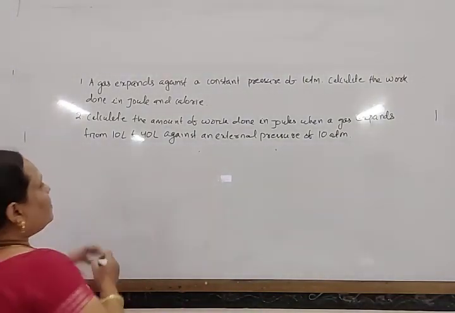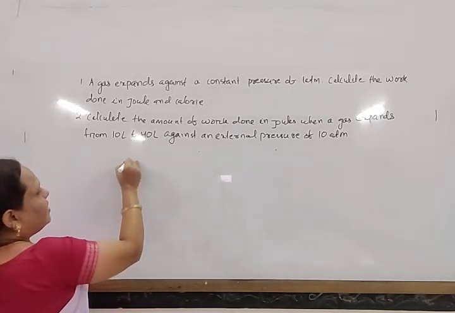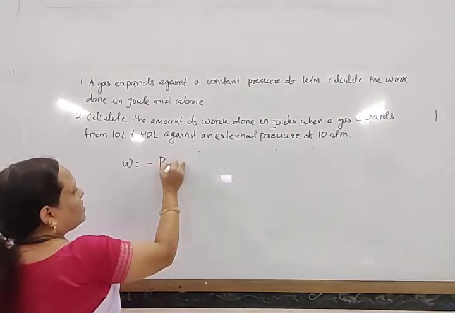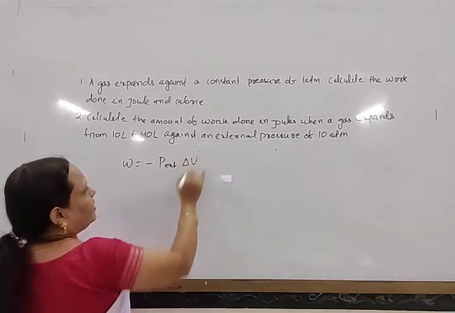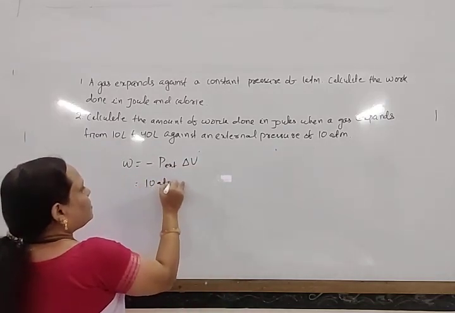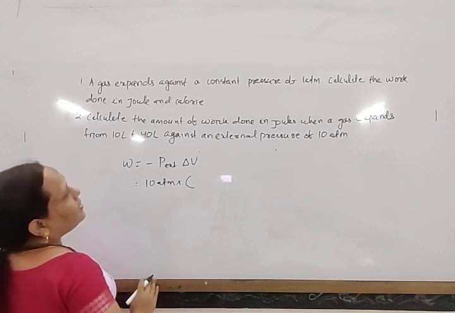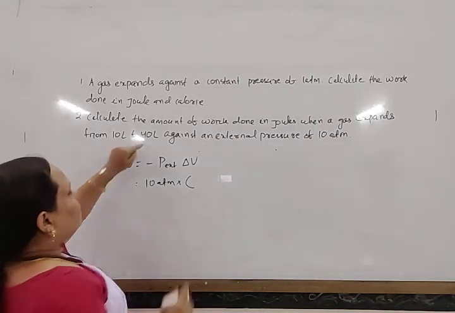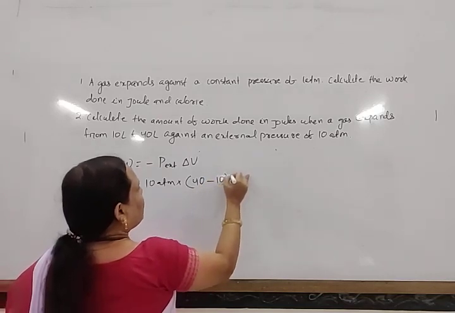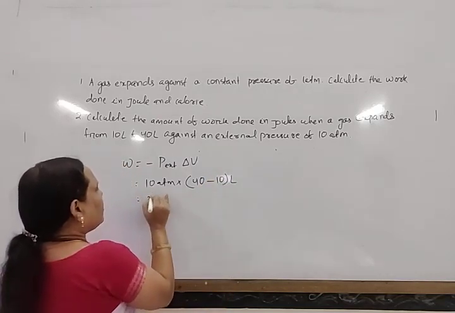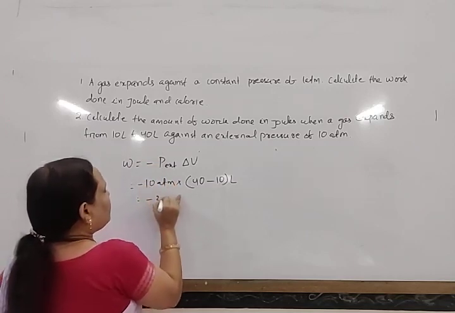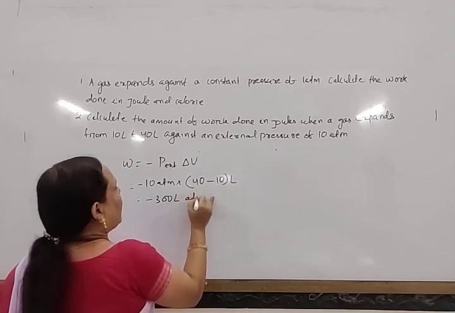In this figure also expansion is given. W is equal to minus P external into del V. So P is given as 10 atmosphere and del V is final volume minus initial volume, from 10 liter to 40 liters, that is 30 liter. So minus 300 liter atmosphere.